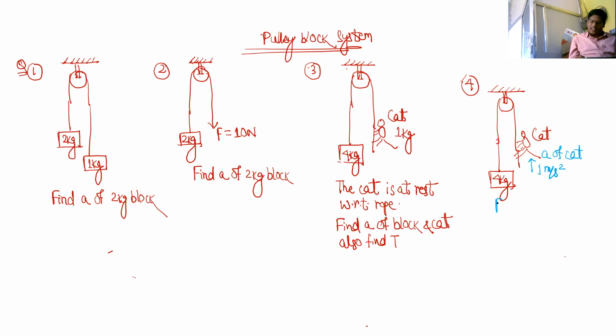The question is find acceleration of the 4 kg block and tension. And then the next question is, chalo, we have got so many questions, and there are slight differences in each.